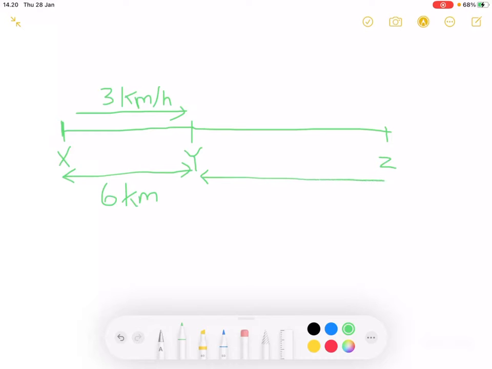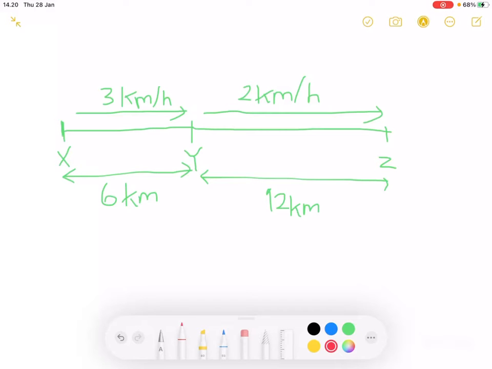The distance from Y to Z is 12 kilometers, and its speed slowed down to 2 kilometers per hour. What's its average speed for the whole journey?